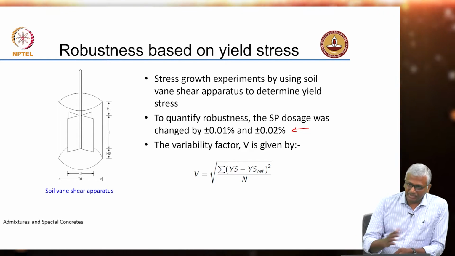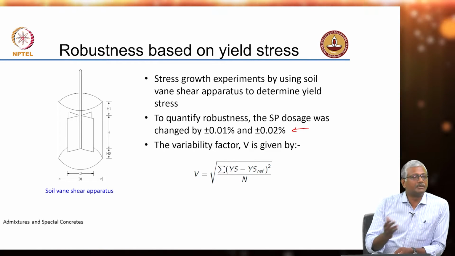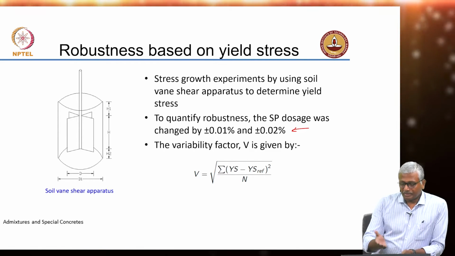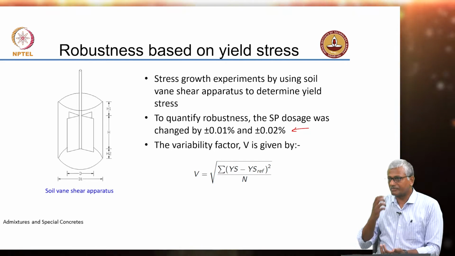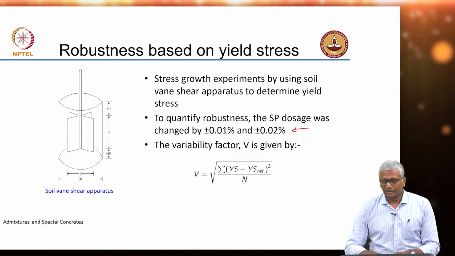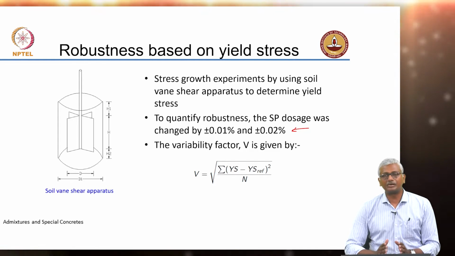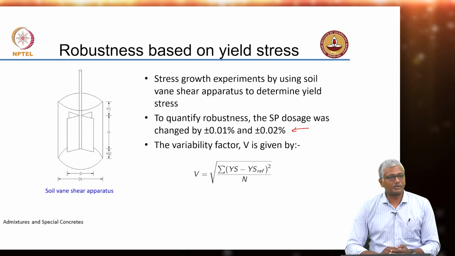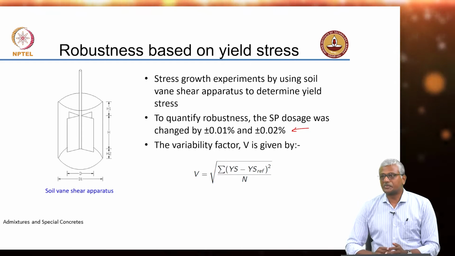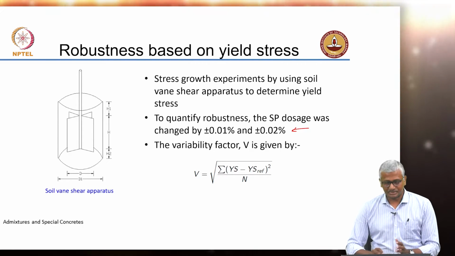So in this case, we fixed a central dosage and varied the SP dosage above and below that level. And the variability factor is essentially another way to represent the standard deviation, right? And that's how it was determined when we changed the dosage from the central dosage to above and below that central dosage. And the yield stress was measured from the vane shear test in this case.